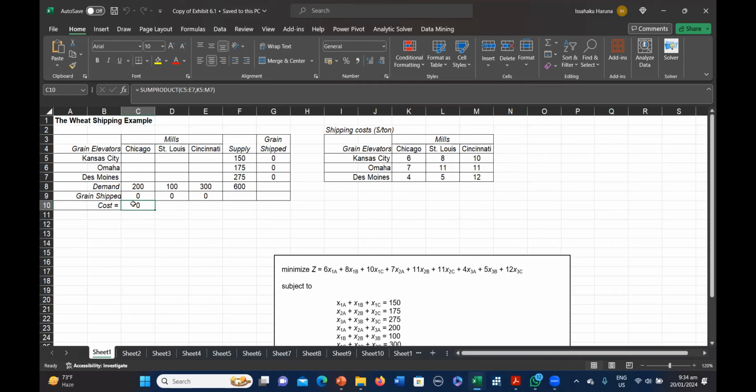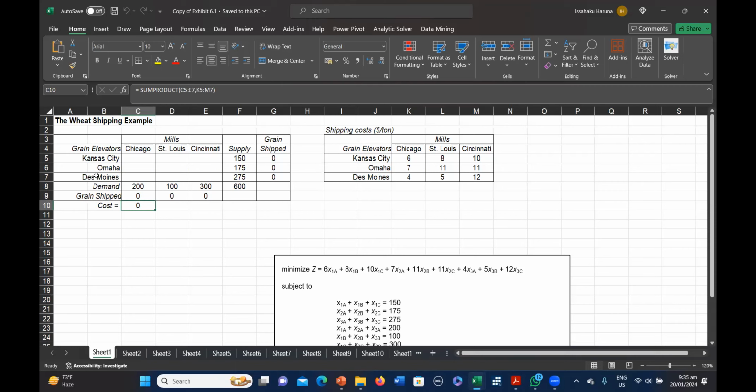But in Excel, there's a command which we call the sum product, where once you use the sum product, you would just select this blank space, and then after a comma, you pick this entire space, and that's it. That solves the problem.